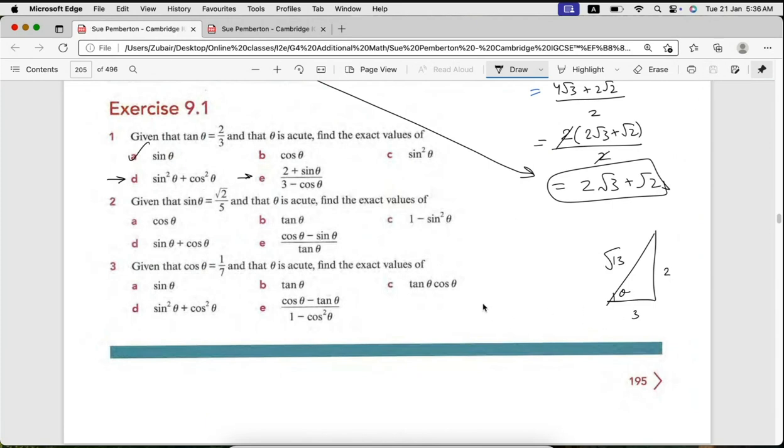Sine is 2 by square root 13, squared, and cos is 3 by square root 13, squared. Oh, it's addition. I was subtracting them. Okay. 13 by 13 is 1.